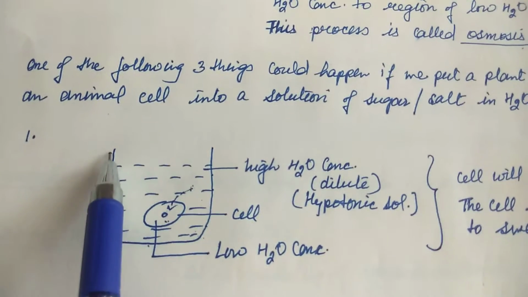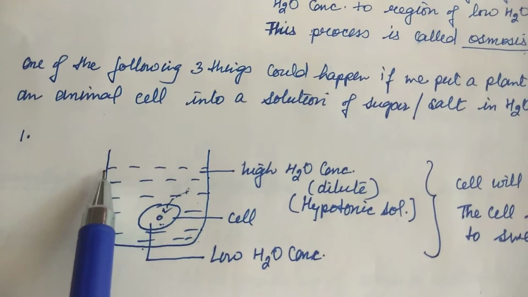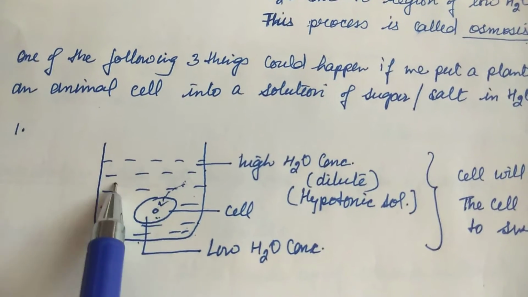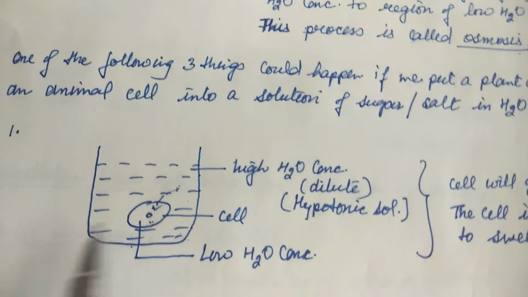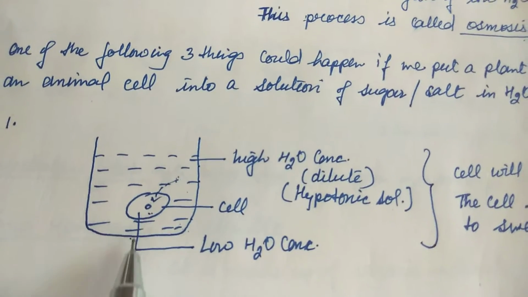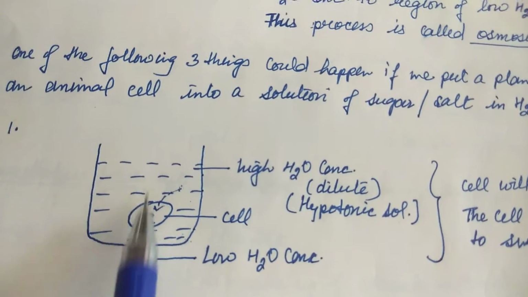In this case we have taken a solution where the concentration of water outside is high, and inside the cell the concentration of water is low. So we have kept a cell in the solution.